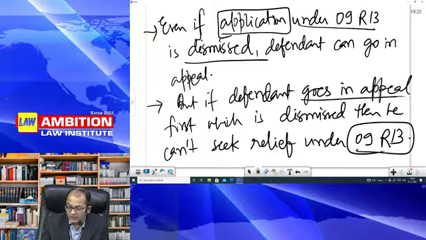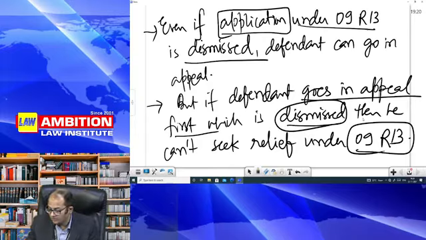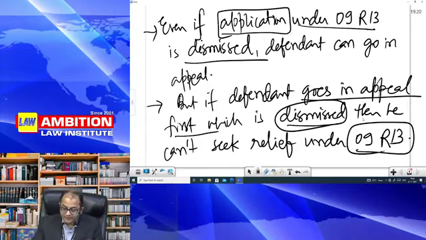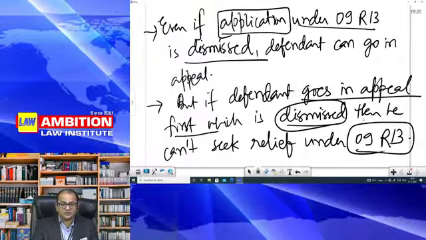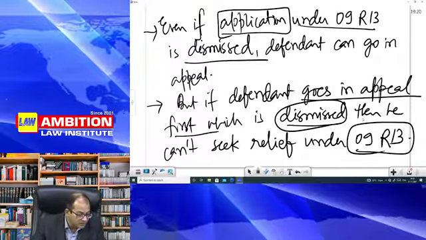Because you have gone to a higher court and your appeal is dismissed, the higher court does not find merit in your matter. So can you visit the lower court for setting aside the ex parte decree? That is what is being said. No. So you take care, you be prudent.